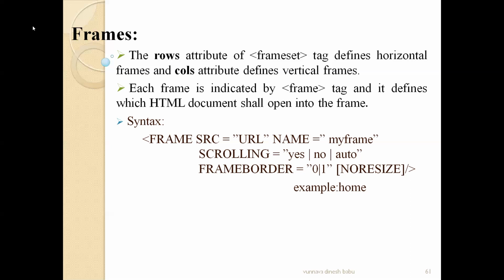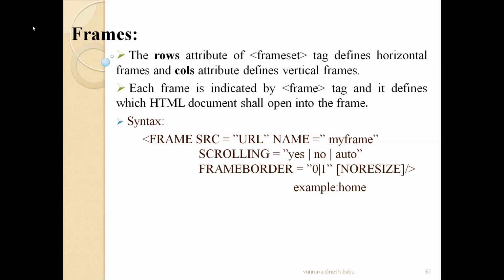SRC is used to link some HTML document into the frame. That is, we have to provide the complete path of an HTML document as a value to the SRC attribute, and the name is used for future reference.